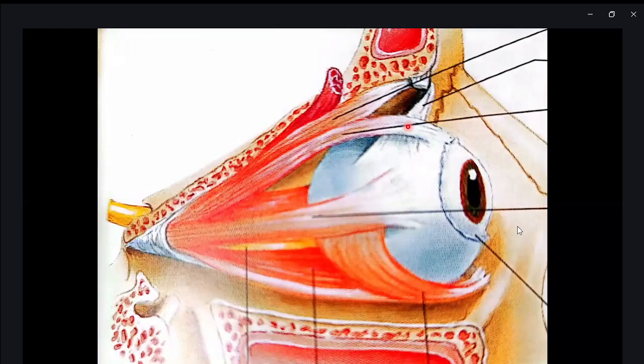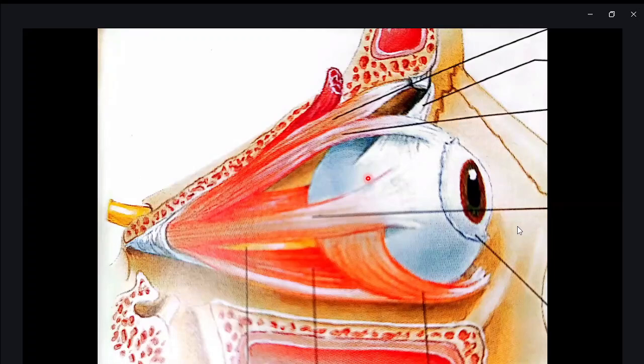The trochlea. So it comes to insert very close to the lateral rectus. When it contracts, it will tend to pull this, so it causes depression of the eyeball.